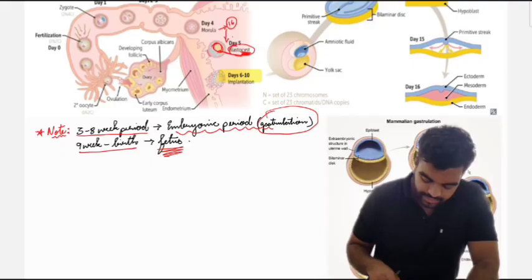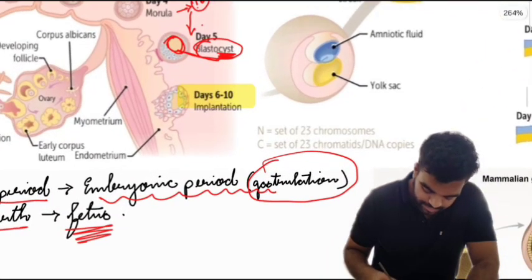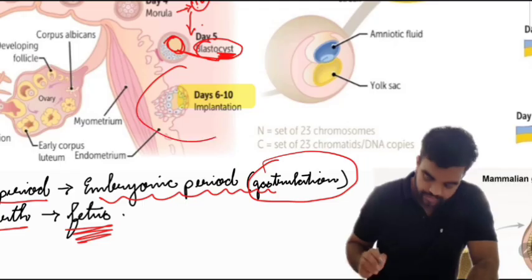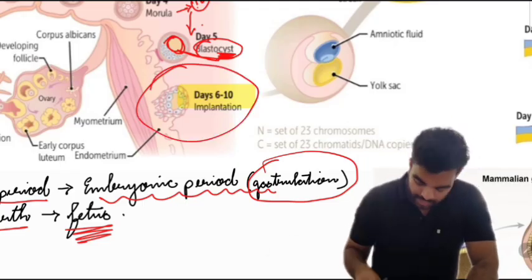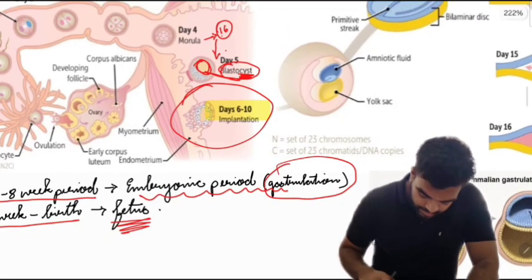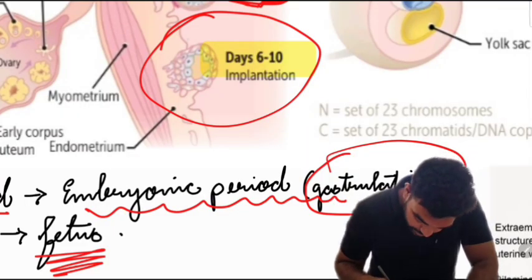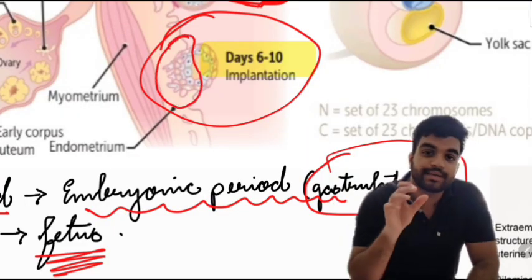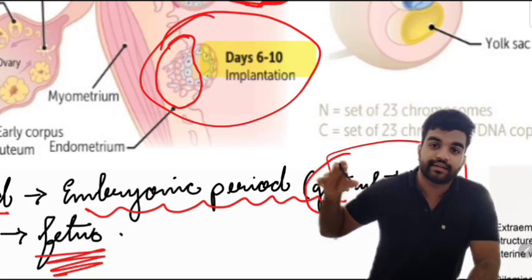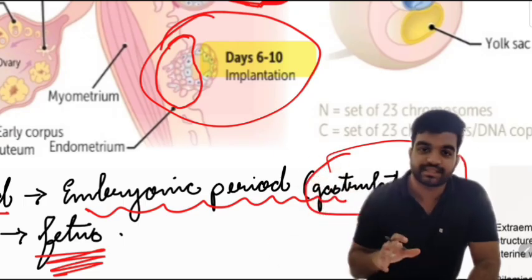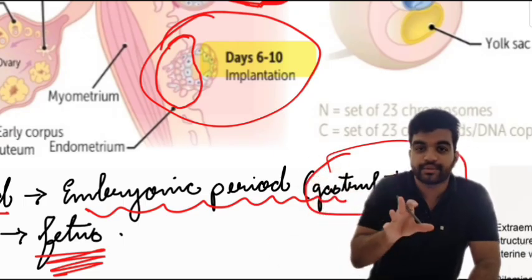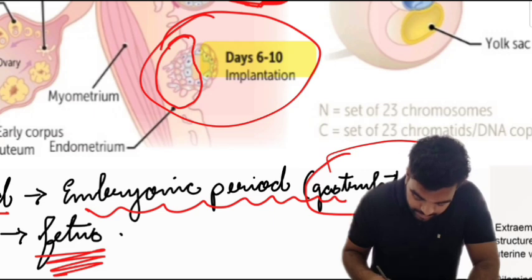Okay, so now that we know the zygote has implanted, let us discuss more about the formation of an embryo. So after this implantation, let me clear one thing here. This placenta formation, etc., we'll be discussing more during the discussion about obstetrics and gynecology. Now let us focus only on the formation of this particular zygote.